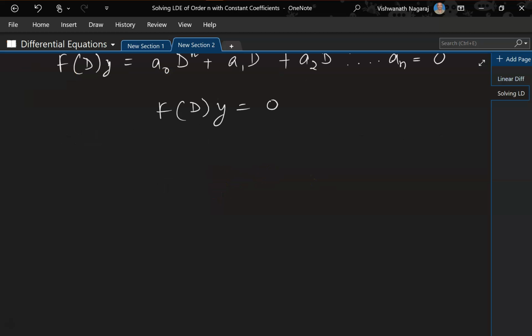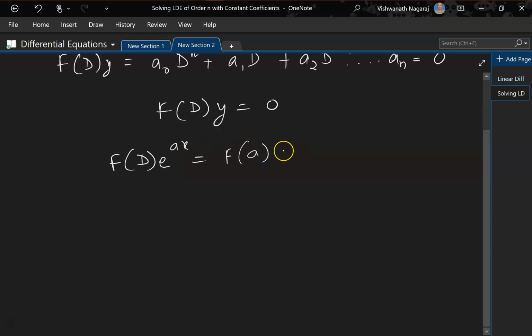Now we have seen the results, right? We have seen how f of D e^(ax) is equal to f of a e^(ax).